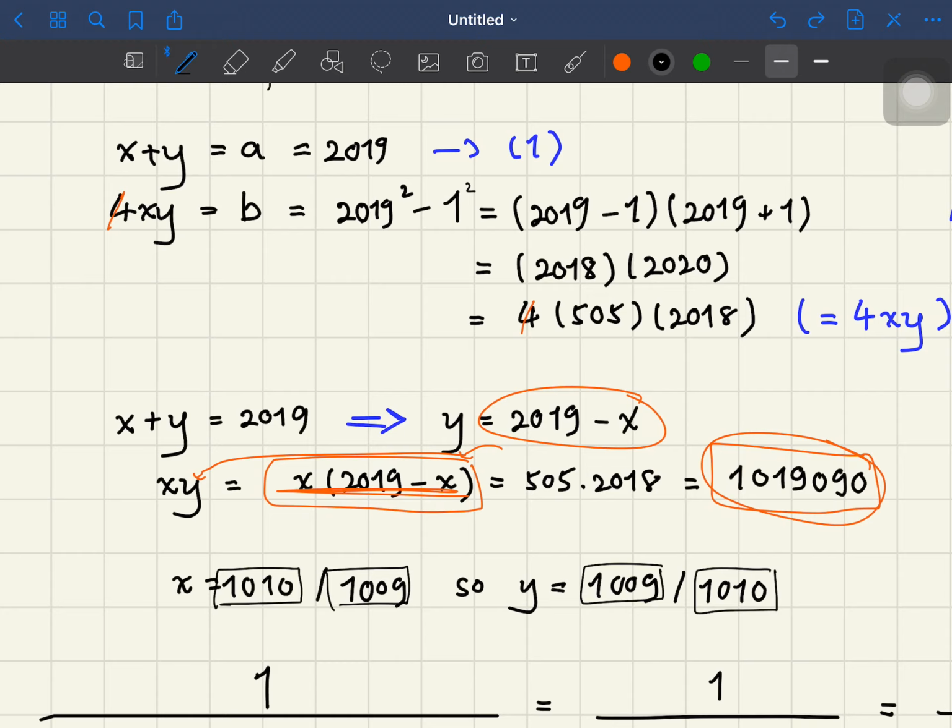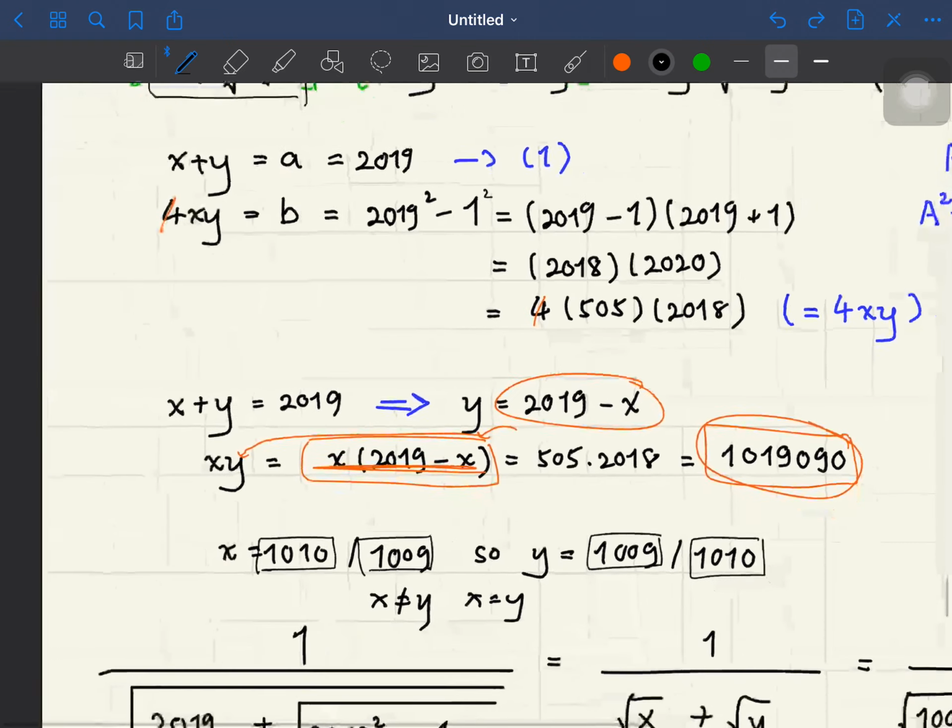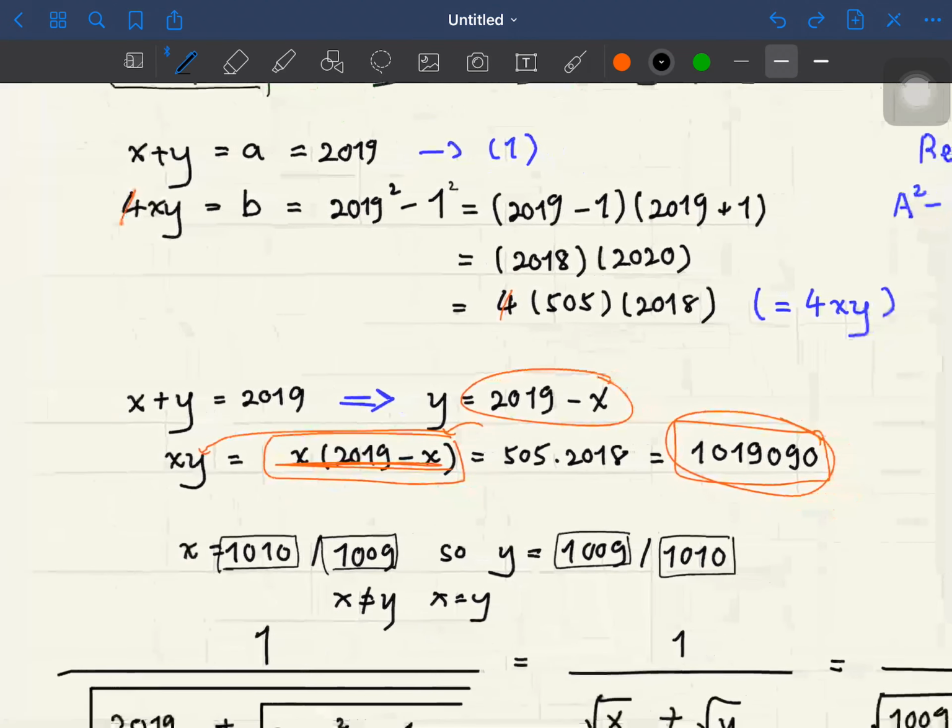You can use any number as long as x cannot be equal to y, because if x equals y, then this number must be a perfect square, and this is not even a perfect square. That is a small reasoning about why x and y cannot be equal.